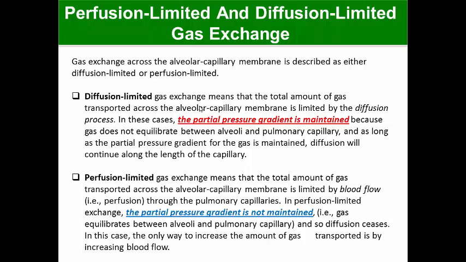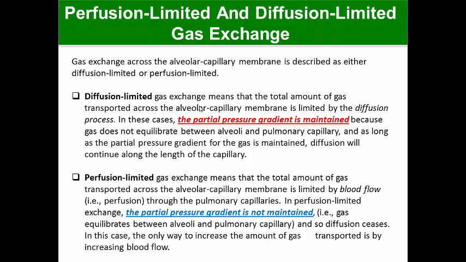So the partial pressure gradient exists. And as long as this partial pressure gradient for the gas exists, the gas keeps on diffusing. And now what determines the diffusion of the gas is the diffusion process itself. So had the pulmonary capillaries been longer, the gas would continue to diffuse because the partial pressure gradient is still there.